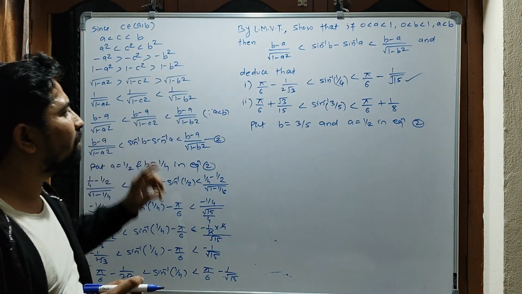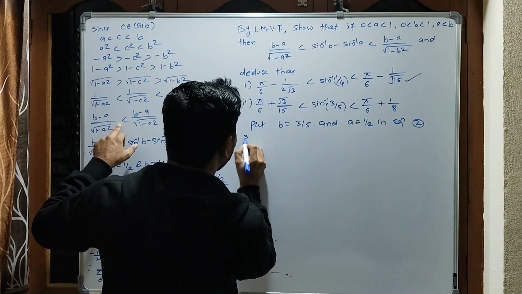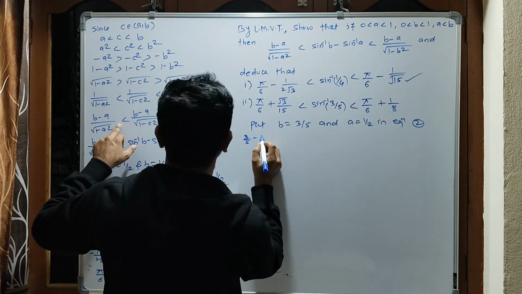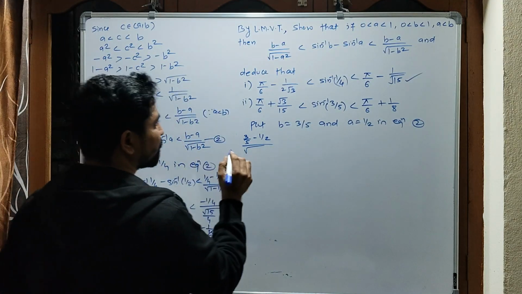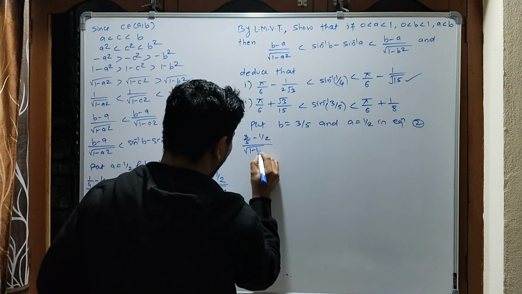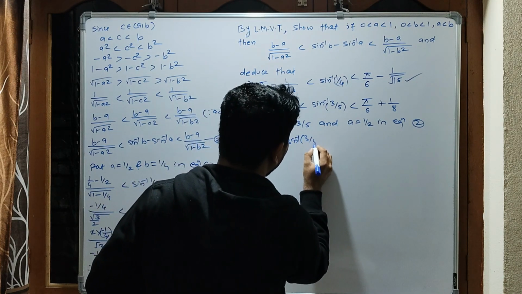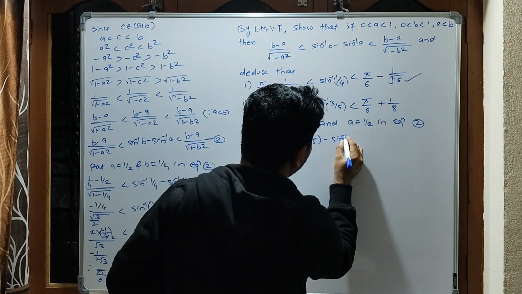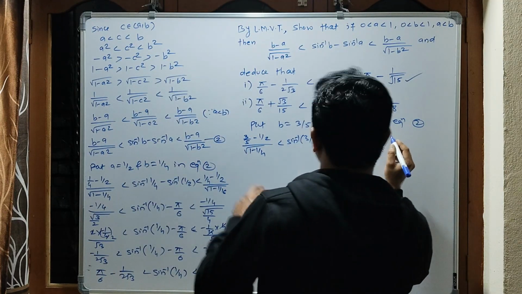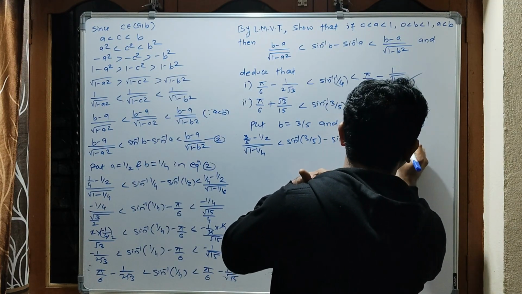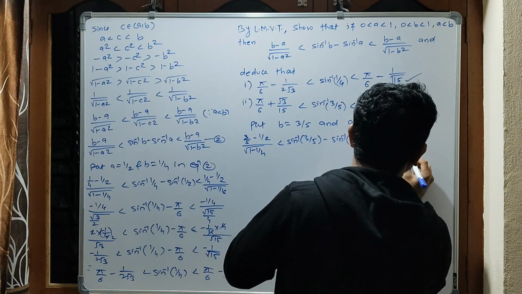Therefore, 3 by 5 minus 1 by 2 divided by under root 1 minus a square, that is 1 minus 1 by 4, less than sine inverse 3 by 5 minus sine inverse 1 by 2, less than b minus a, that is 3 by 5 minus 1 by 2, under root 1 minus 9 by 25.